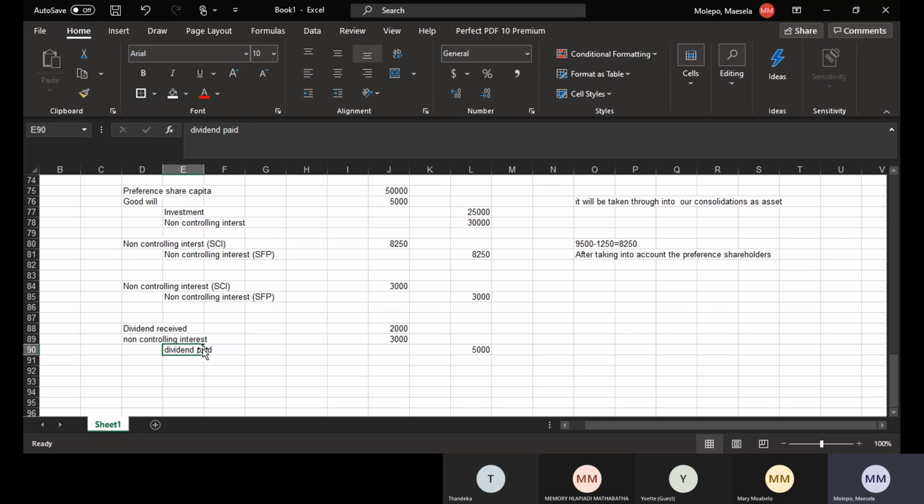What is being sold here? P Limited got all its inventory from S Limited. So it means that today, S Limited didn't sell the inventory yet. So it means you have an unrealized profit.